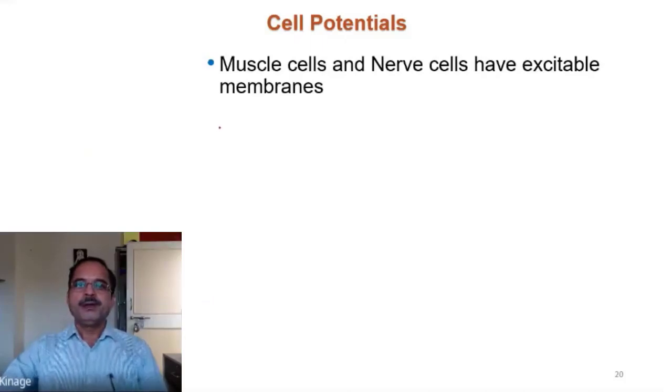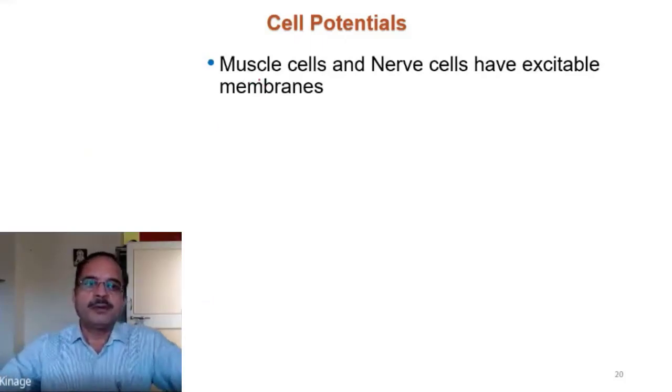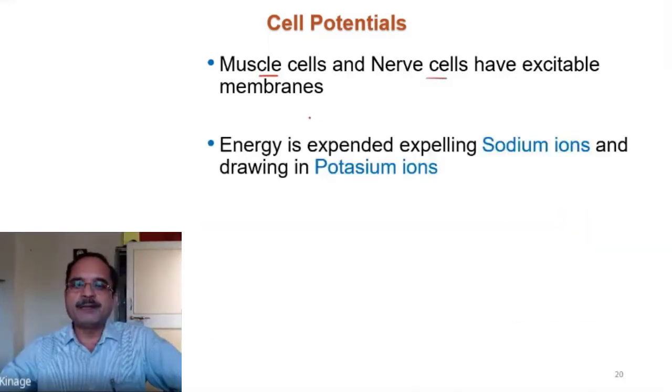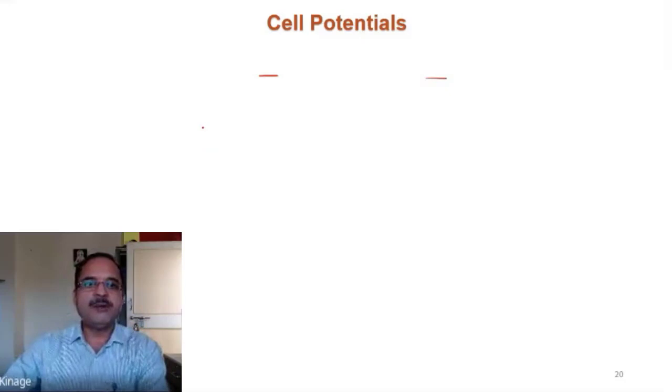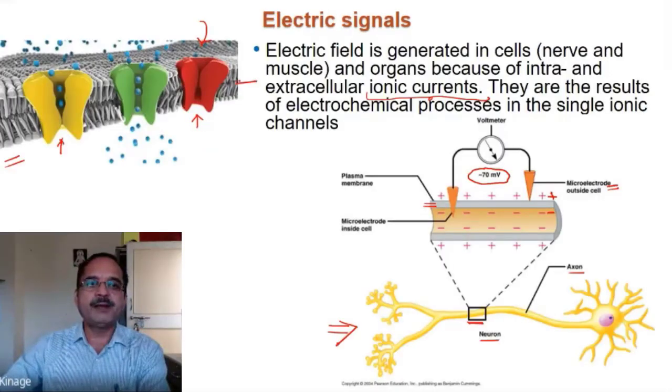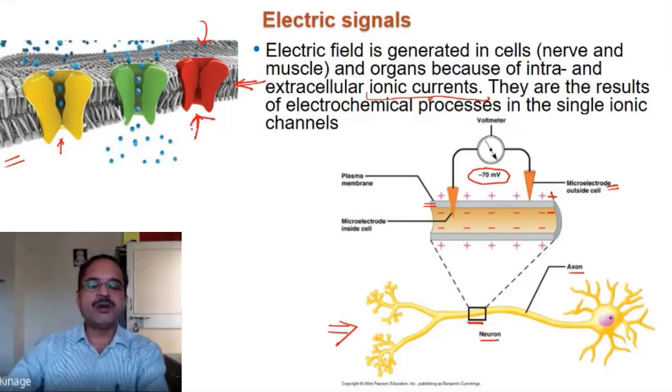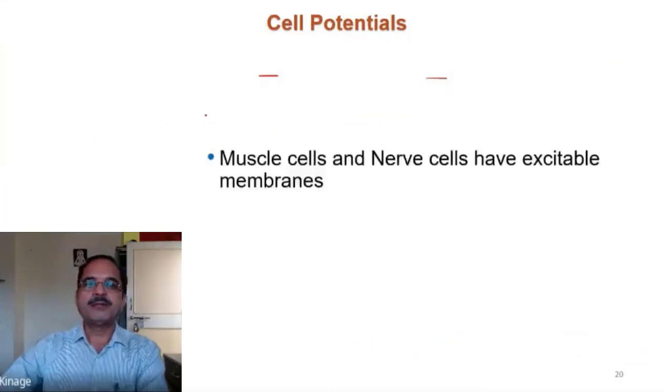Okay, so the muscle cells and the nerve cells have excitable membranes. Excitable membranes means this is the membrane, the wall separating the inside and outside of the cell, and there are some openings here. The characteristics of these openings can be changed by some excitation.